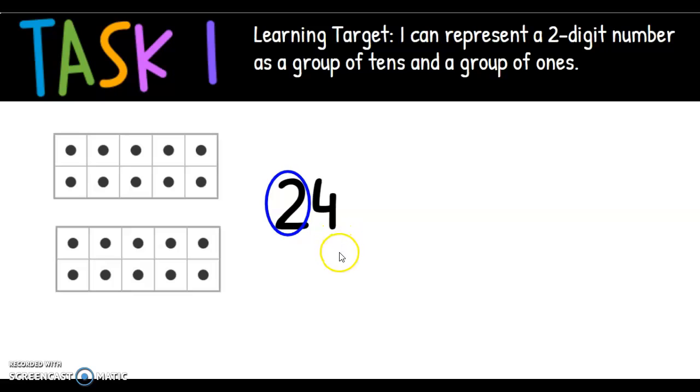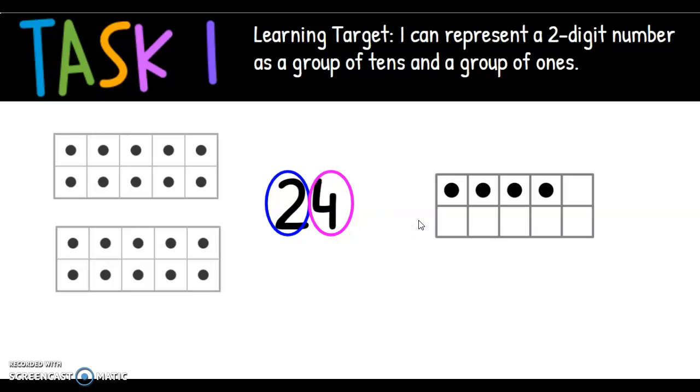No, so we need to look at the other digit in this number. If I ask you how many dots it would take to represent this digit, what would you say? I am hoping that you said 4 dots.